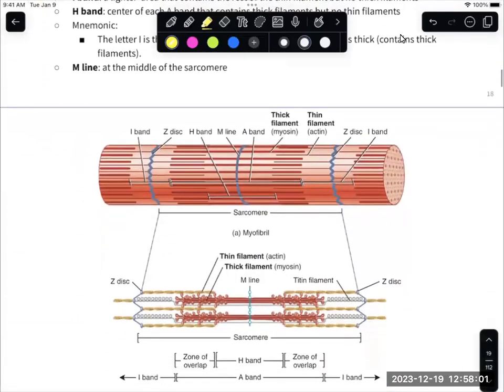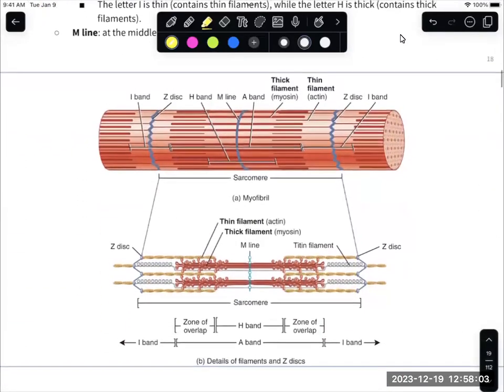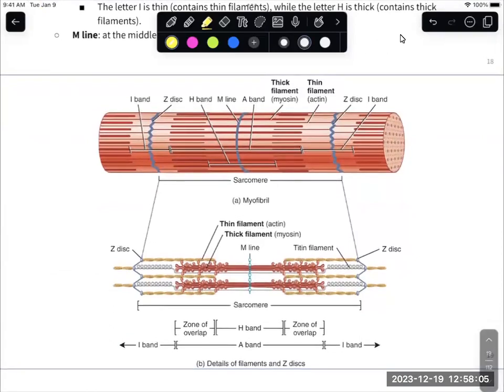Okay, I wanted my picture because it's easier to see. A sarcomere goes from a Z disc to a Z disc. So these blue zigzag lines on each side are what make up that sarcomere right here.